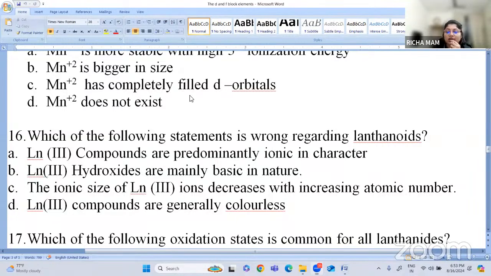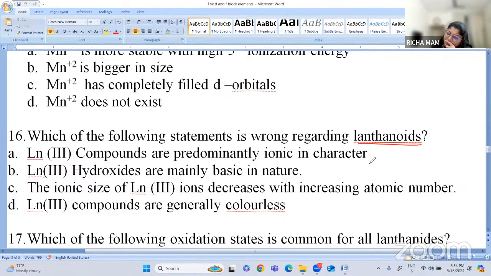So when we are talking about lanthanoids, which is the wrong statement? There are four statements given here, and you have to tell which is the wrong statement about the lanthanoids.